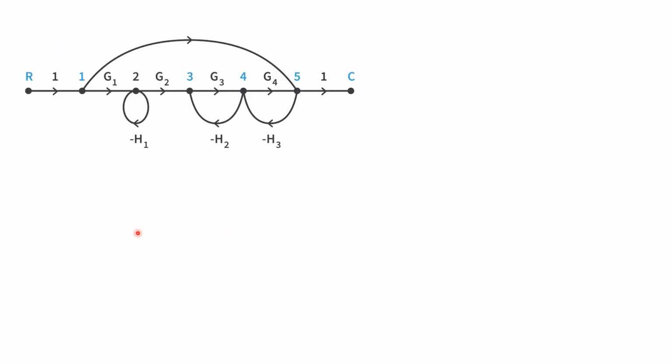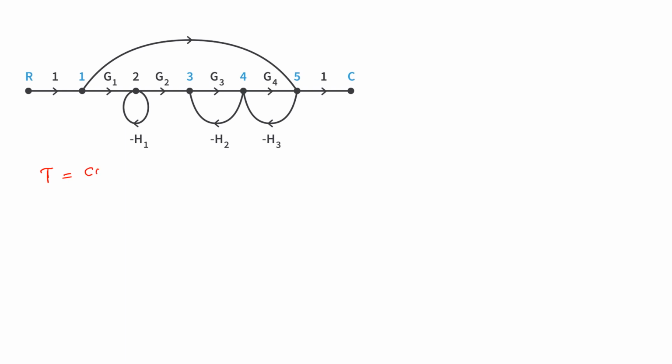Next, I am going to explain how to find out the transfer function for the signal flow graph. So before finding out the transfer function, first we should know Mason's gain formula, because Mason's gain formula is used to find out the transfer function.